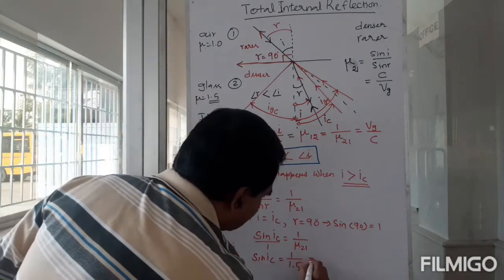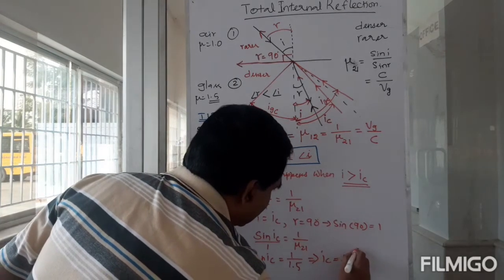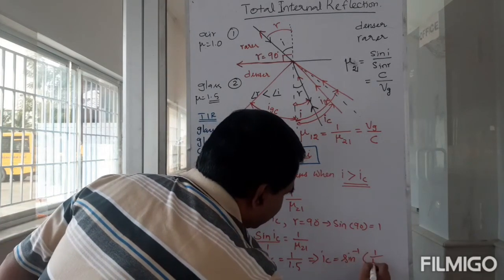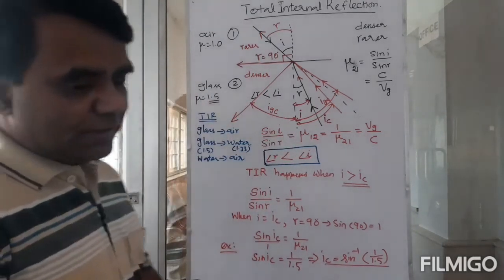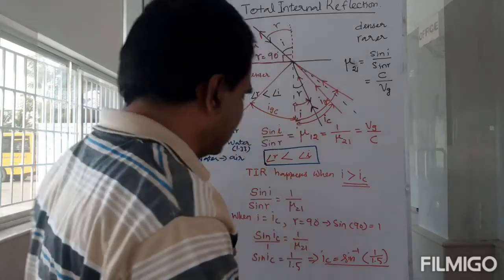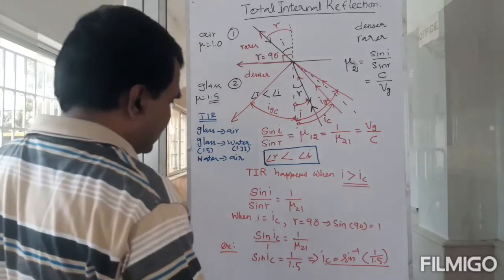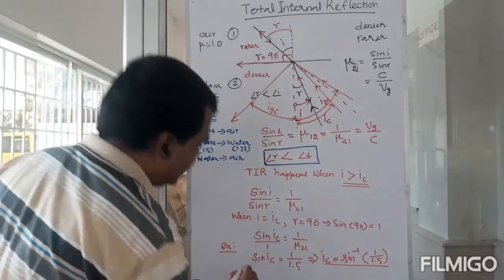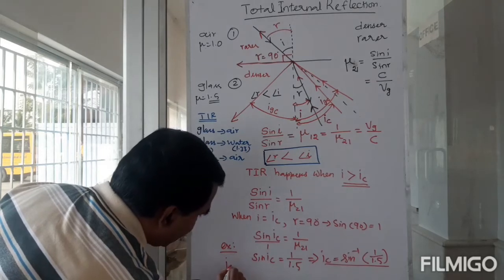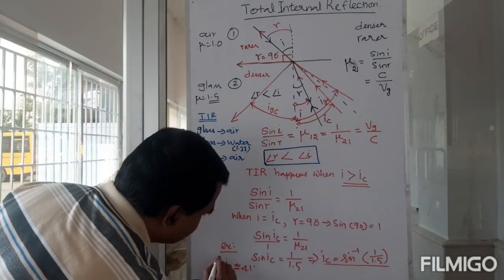So that gives you IC is equal to sine inverse of 1 by 1.5. And if you do it, you are going to get an angle of about 41 degrees. IC in this case will be approximately 41 degrees.